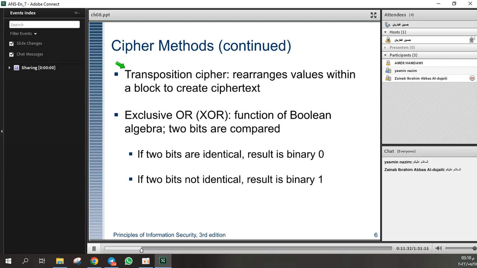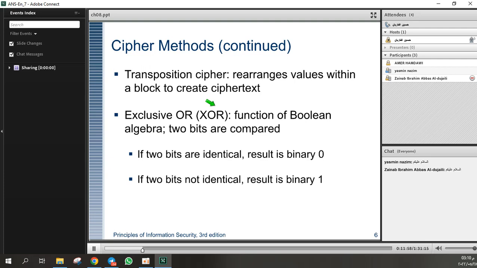Another strategy for cryptography is to use transposition cipher methods. In transposition, we are trying to rearrange the values within a block to create ciphertext. The best strategy in this case is using the XOR function.